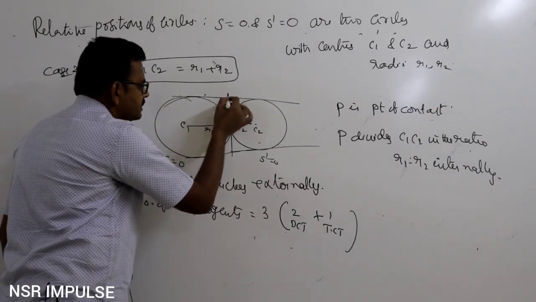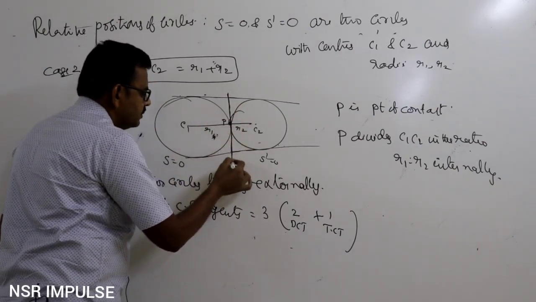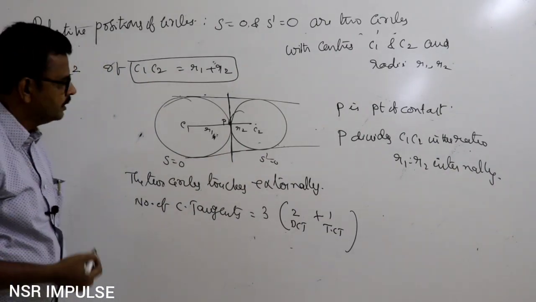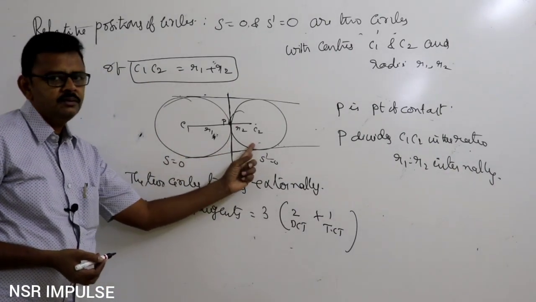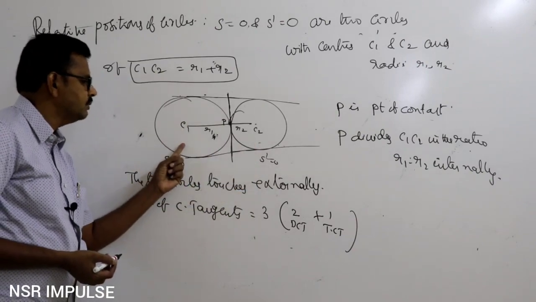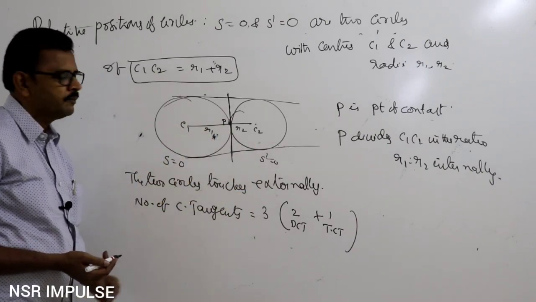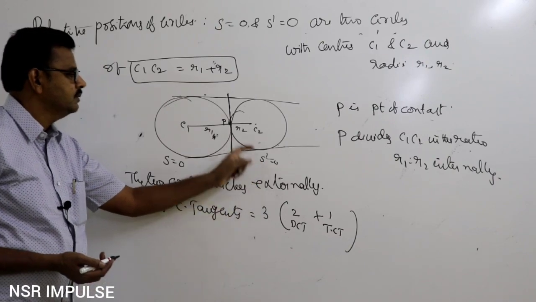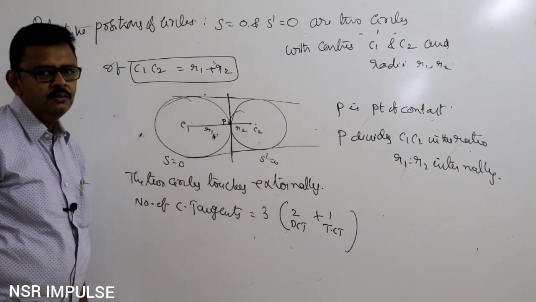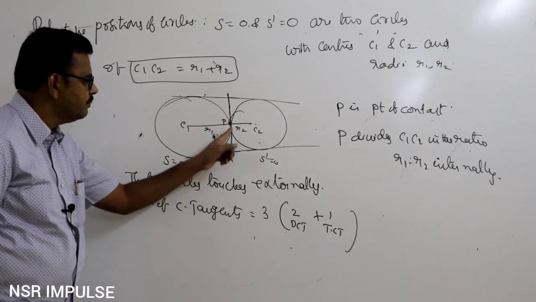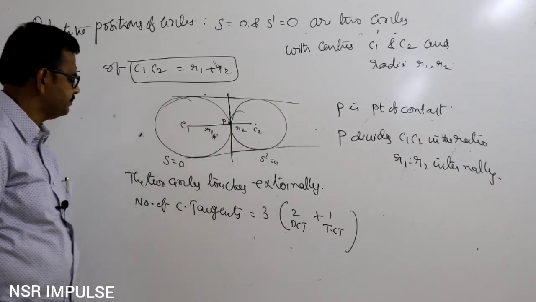The equation of the common tangent is nothing but S1 equal to 0. You can take either S equal to 0 or S dash equal to 0. If you take S equal to 0, S1 equal to 0. If you take S dash equal to 0, S dash 1 equal to 0 is a common tangent for the two circles.